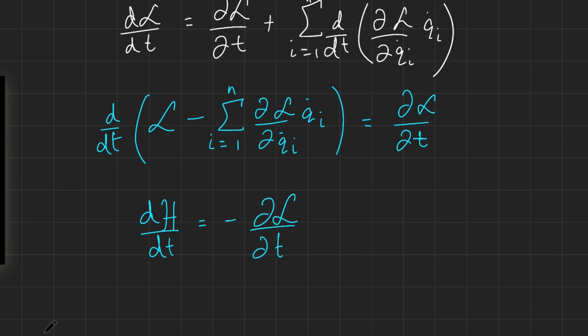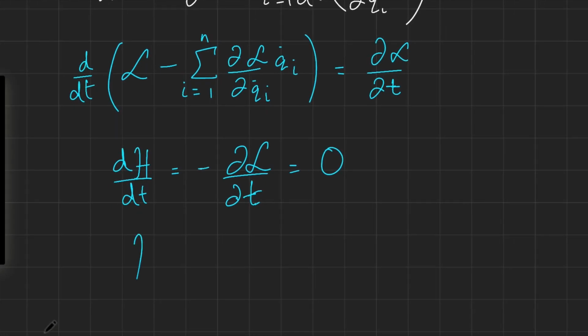Now, let's say our Lagrangian is time independent, and what that means is that there is no explicit dependence on t in the Lagrangian. For a partial derivative, that means that all other parameters are treated like a constant, and so partial L over partial t would be equal to 0 when there is no explicit time dependence.